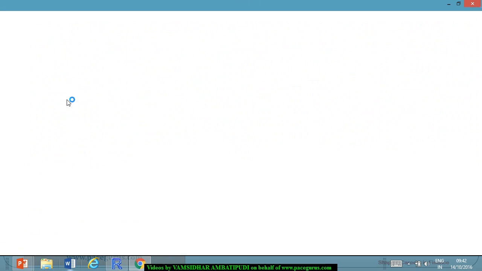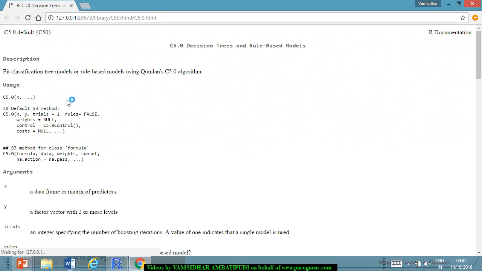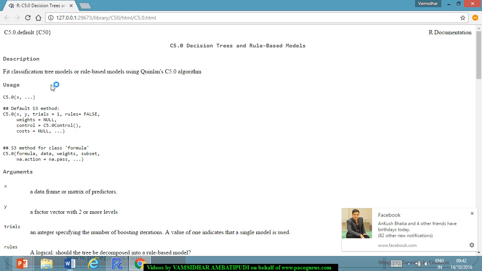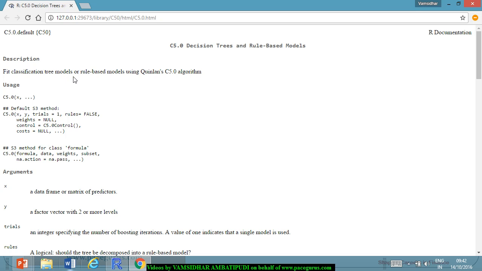Let me see what this help file is giving. You could see the intention of this help file is that it fits classification tree models or rule based models using the Quinlan C 5.0 algorithm. So that's the theoretical algorithm that has been designed.